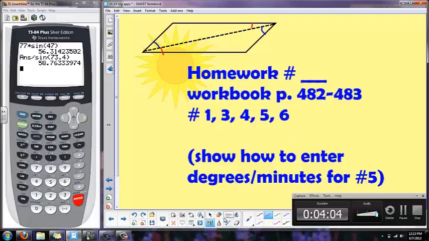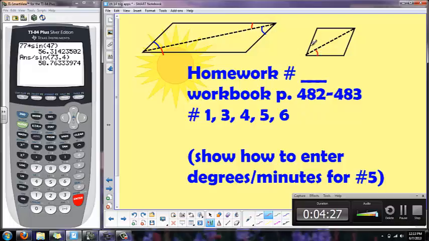However, if you draw a rhombus, and the only difference between a parallelogram and a rhombus is that the sides are equal to each other, so it looks more like that. It's pretty much a square tilted on its side versus a rectangle tilted on its side. So if you have a rhombus, then the resultant force that goes down the middle actually cuts that angle right in half.